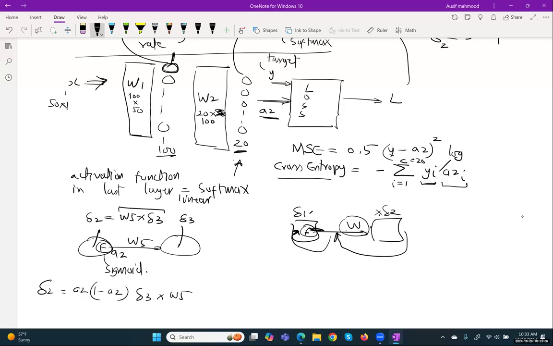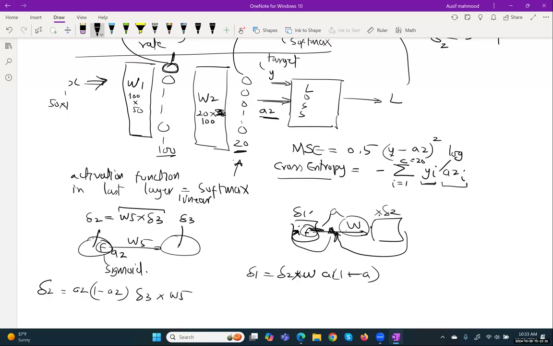So if there's no activation function, then in this example, delta 1 will be equal to delta 2 times W, right? But that is up to this point. Now I further have to go back through the activation function. So if the output is, let's say, A, then it will be further A times 1 minus A, whatever this output is, right?